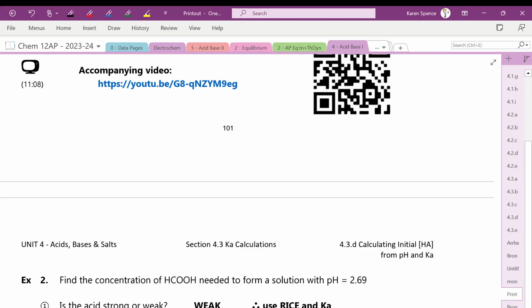Okay, so here's ammonia, right? The problem is they label it something wrong. It's ammonia.